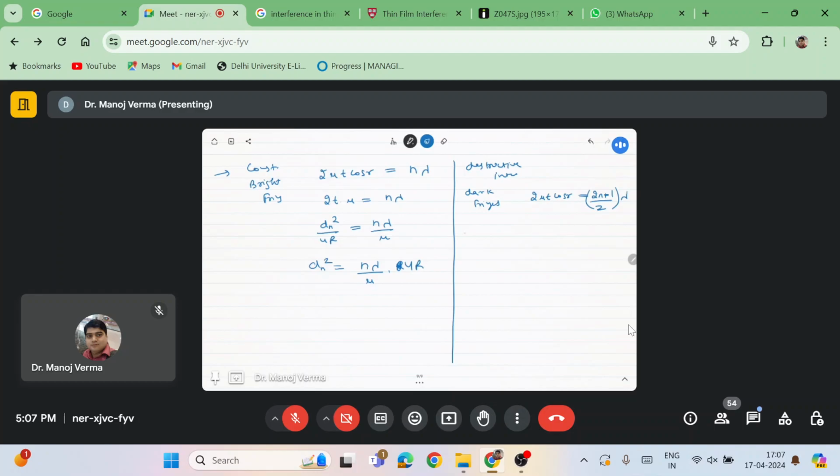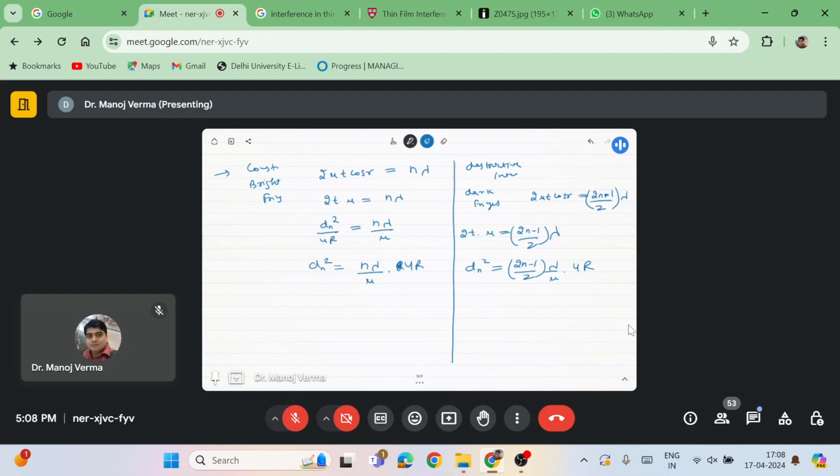So this I can write as 2t dot mu is equal to 2n minus 1 by 2 lambda. This 2t I can replace with dn square by 4r. So this dn square will be equal to 2n minus 1 by 2 lambda by mu into 4r.